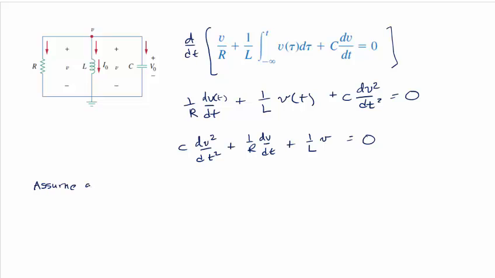So standard differential equation, you can assume a solution of this form. This should be looking pretty familiar right now. So as a solution, we need to find an equation for the voltage that solves this differential equation. So we're going to assume a solution of the form A e to the st. We'll substitute it back into this equation, where A is an unknown constant and s is an unknown value.